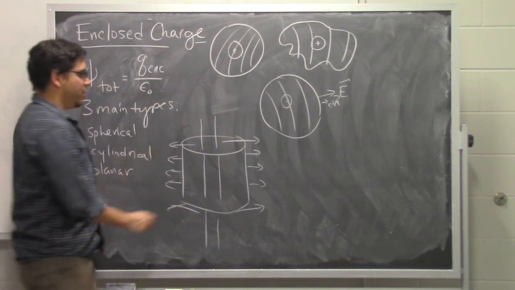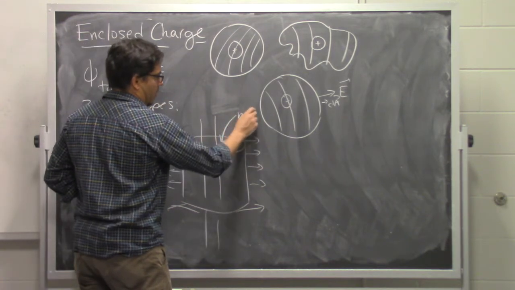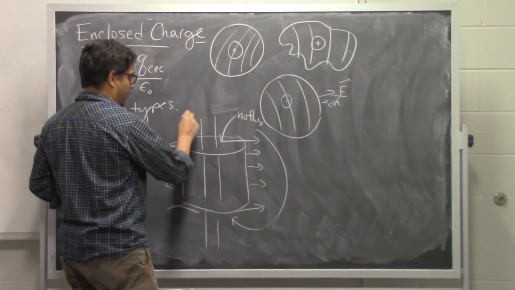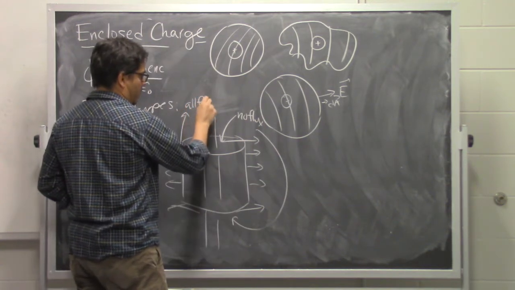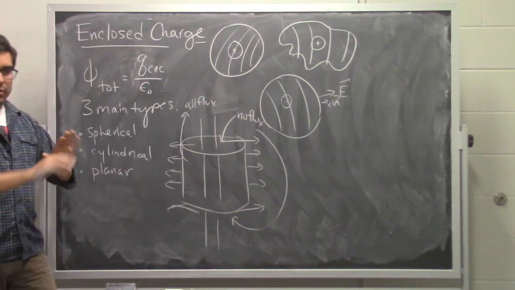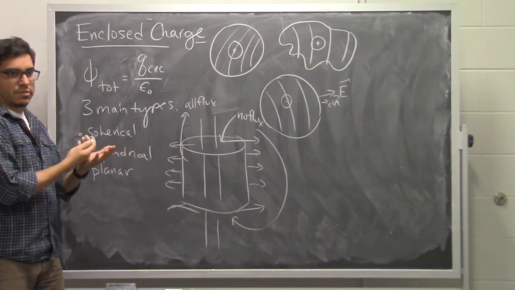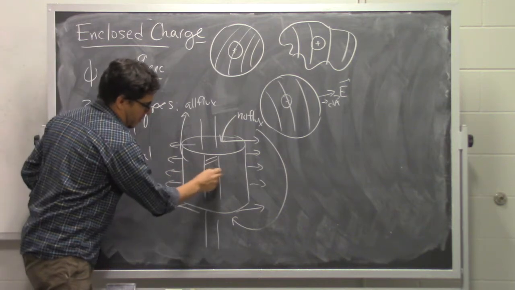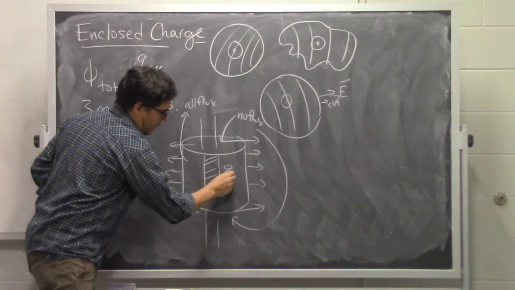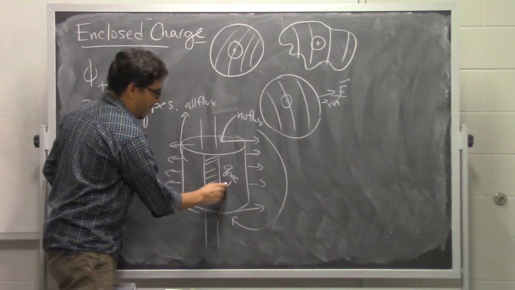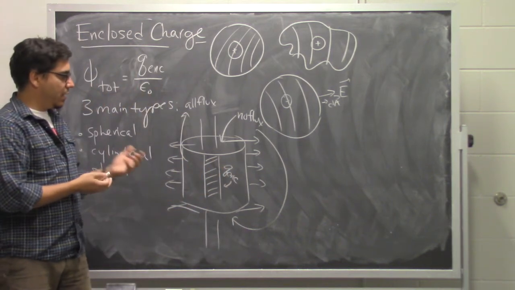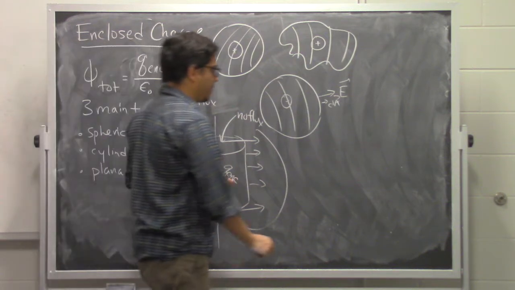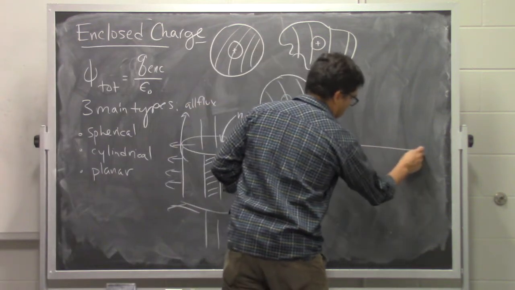So there's no flux through the top or the bottom, and all the flux is given by this space sort of surrounding the cylinder. And what that lets us do is deal with this as being the charge enclosed, whatever amount of charge is living inside that cylinder, and it allows us to calculate the electric field, as you'll see in a moment.